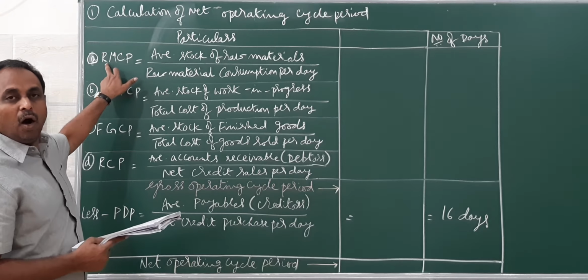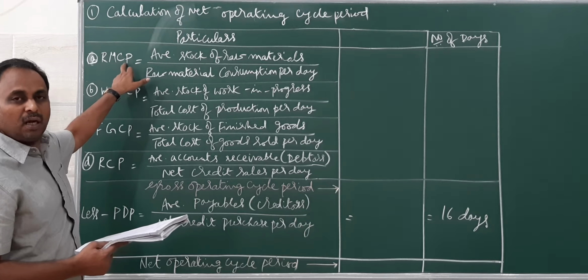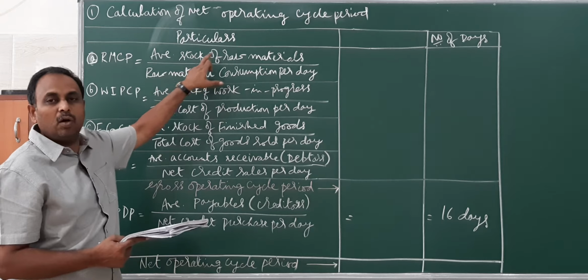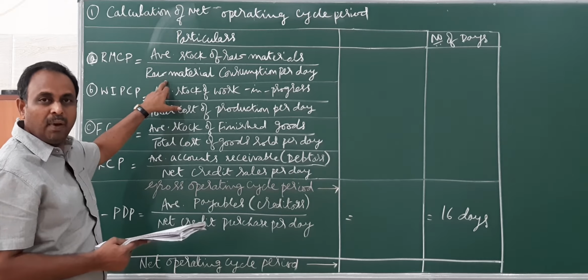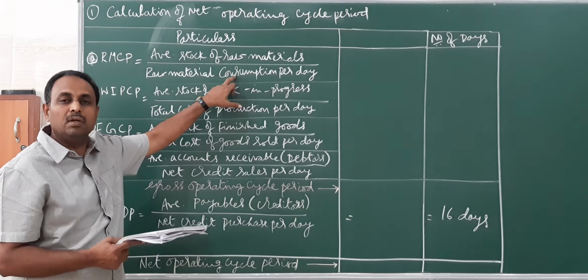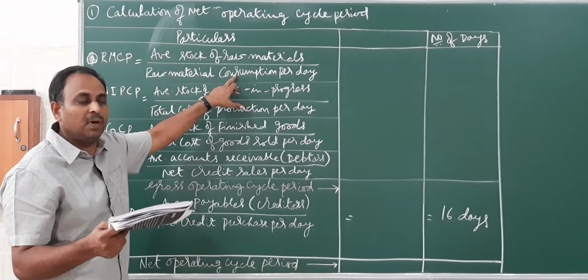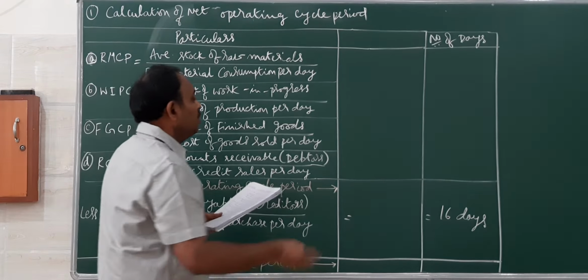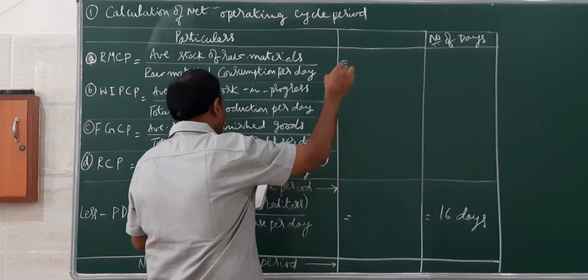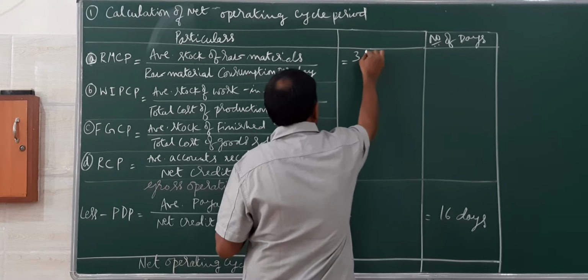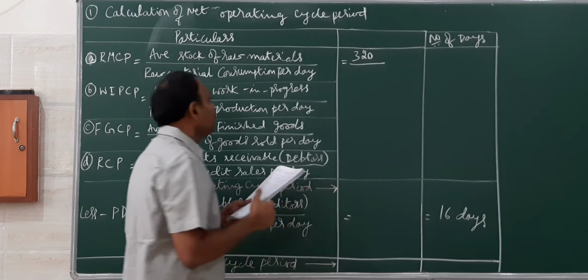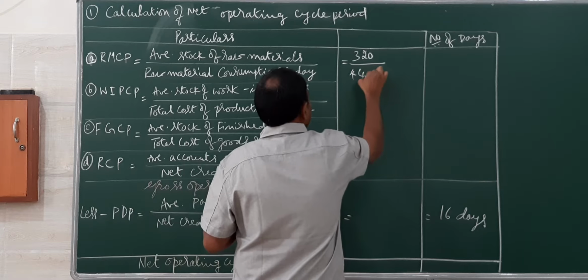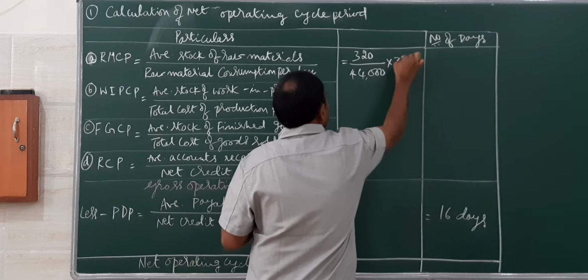First is RMCP, raw material conversion period. The formula is average stock of raw materials divided by raw material consumption per day. Consumption is usage, so how much raw material is used per day is calculated. In the first problem, the average stock of raw material is 320, and the raw material consumption is given as 44,000, which we divide by 365 to get it per day.